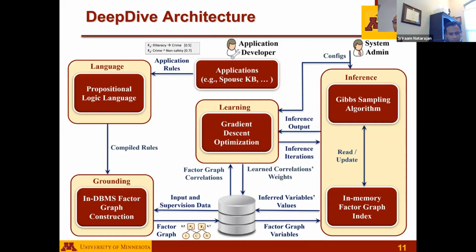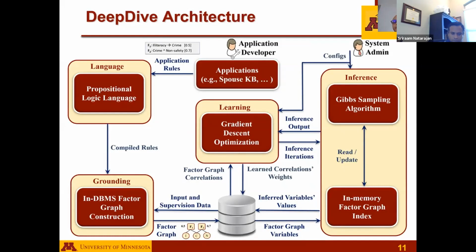This graphical representation is associated with the weights of the rules. If there are some missing weights, we pass this factor graph to the learning module to learn these weights. After that, the factor graph is complete, and we pass it to the inference module, which is responsible for inferring the confidence scores of the knowledge base instances.